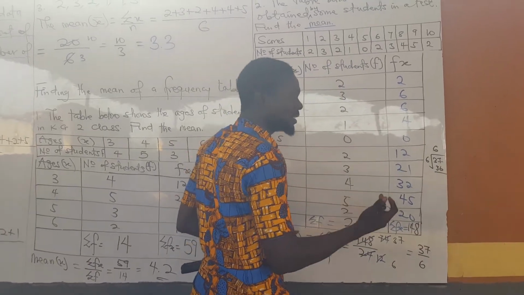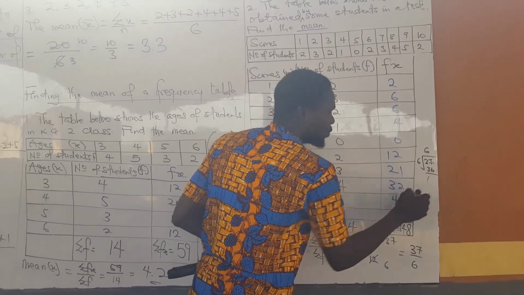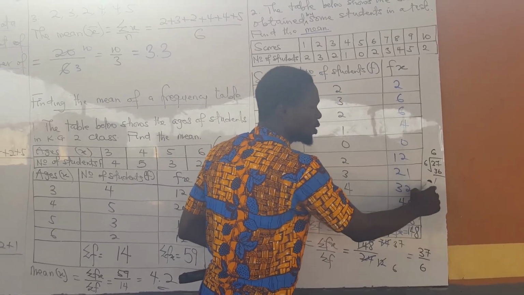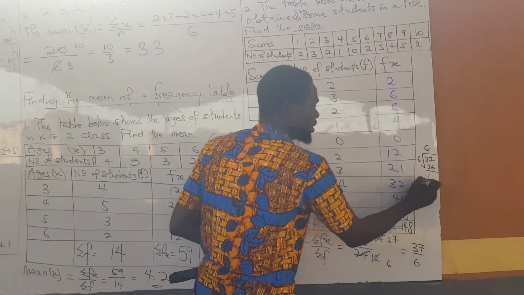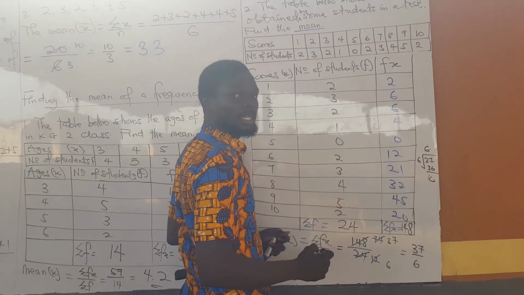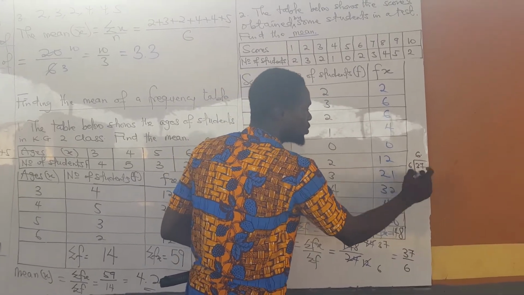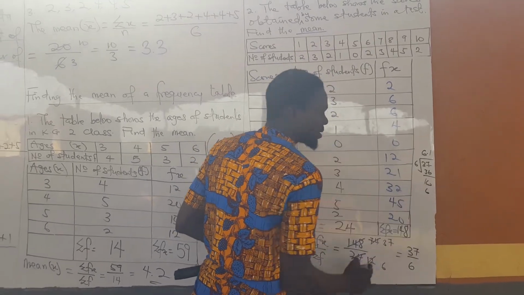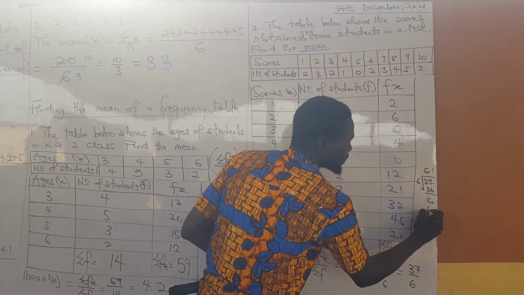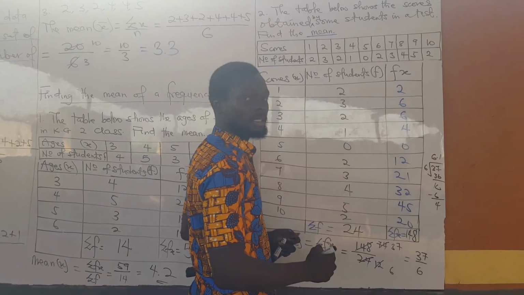If you subtract 36 from 37, you have 1. Because 6 cannot go into 1, we bring a point, then a 0, making 10. 6 can go into 10 once, 6 times 1 is 6, and we have 4 after subtracting.